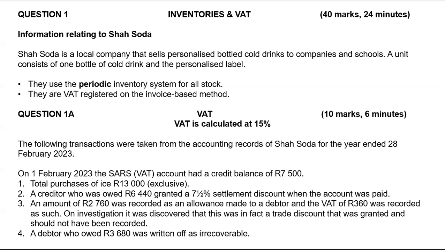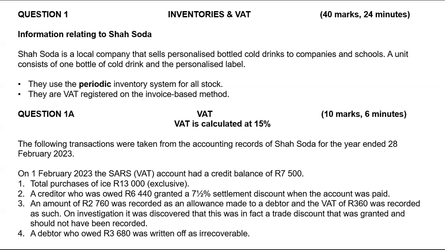So when a debtor returns the goods, it means that that VAT output has been overstated. We need to reduce it by the VAT amount of goods returned. Therefore, when goods are returned to us, not us returning goods, it's the debtor returning goods to us, VAT on those goods will be VAT input. It's just a reduction of the VAT output that we initially recognized when we sold those goods. We good. You sure? Great.